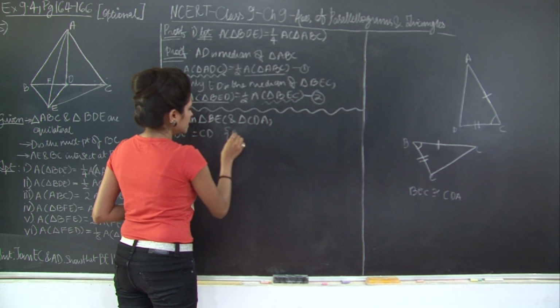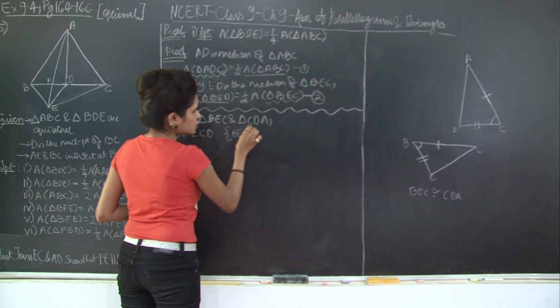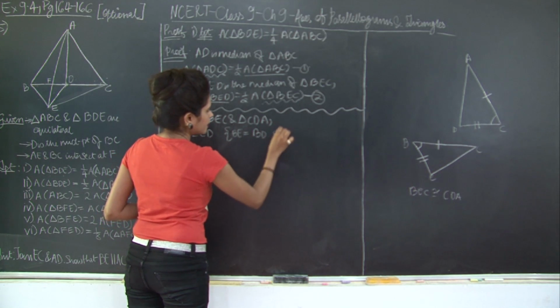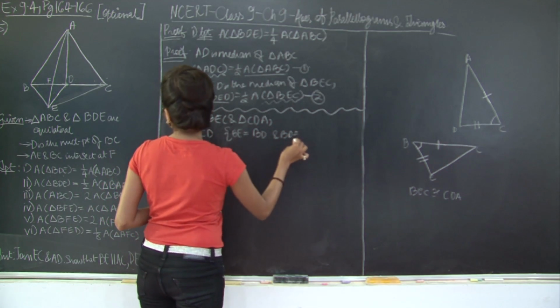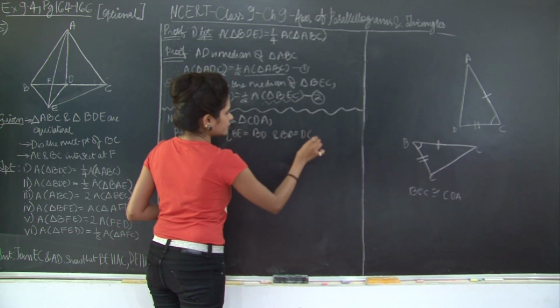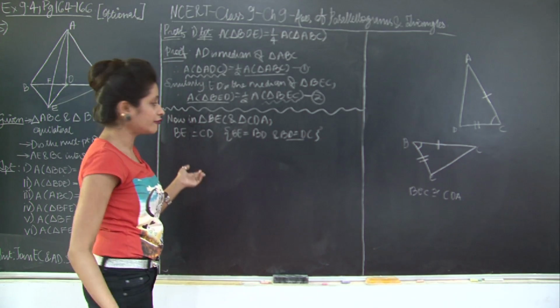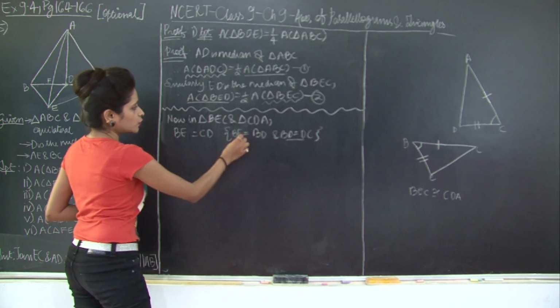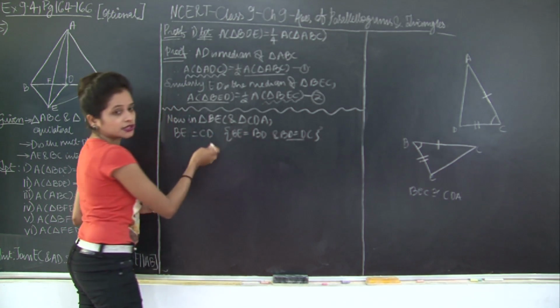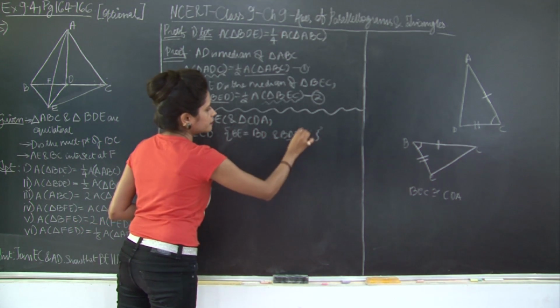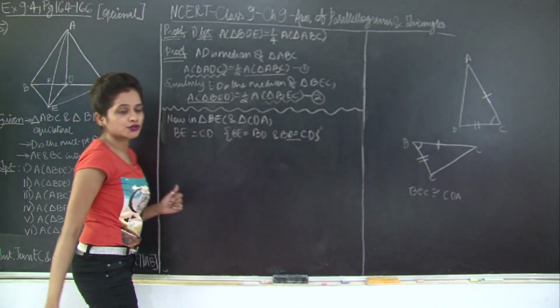Because BE is equal to BD and BD is equal to DC, right? Why is BD equal to DC? Because D is the midpoint of BC, it is given. Therefore, you have BE is equal to CD or DC, it's the same thing. So you can write this as CD. BD is equal to CD.